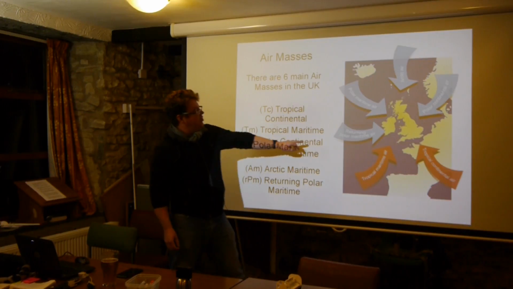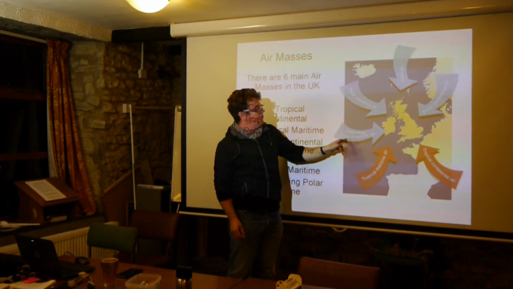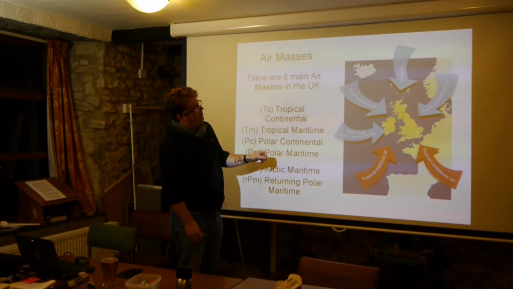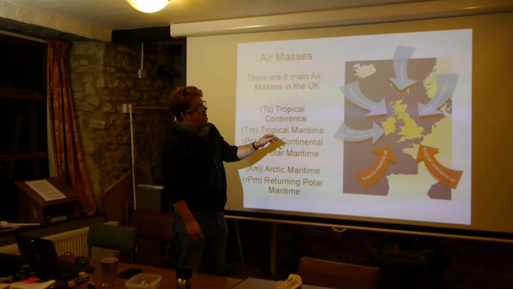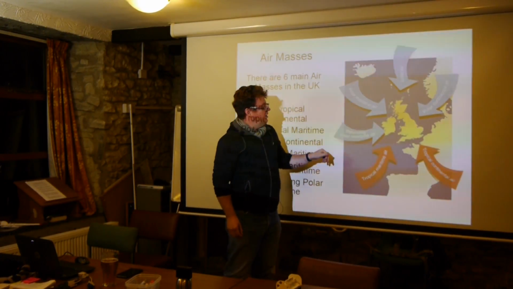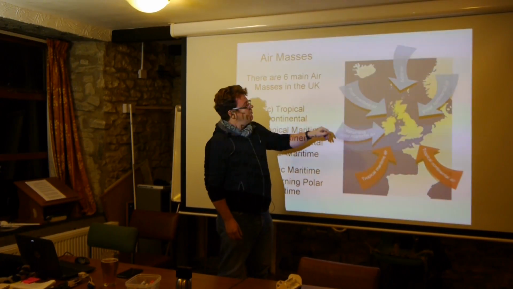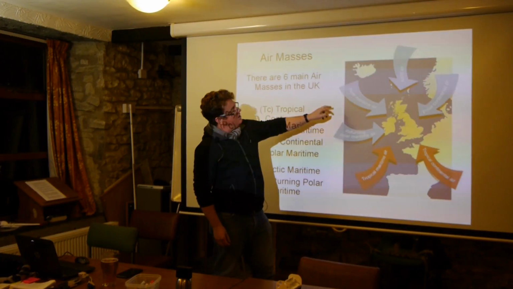We then have an oddball called returning polar maritime air, which we'll come into in a little bit more detail shortly, but that is essentially maritime air. We'll touch on why it's different from the other cases in a minute.